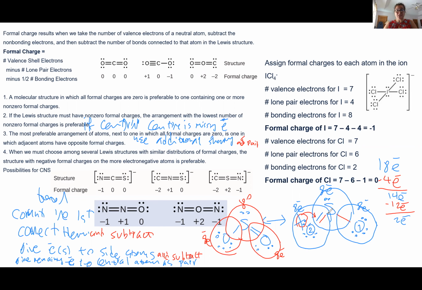If you have a 0 formal charge, that's preferred. If you have a lower difference in the formal charges, that's also preferred.